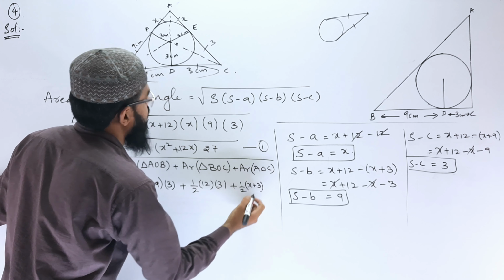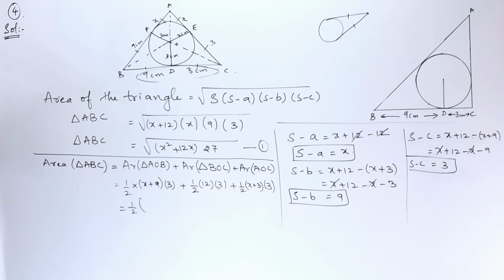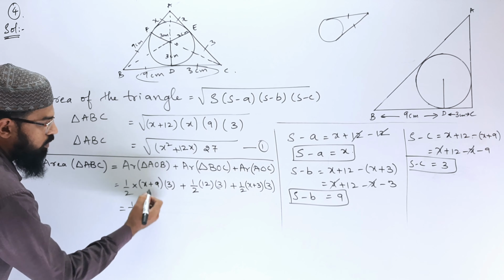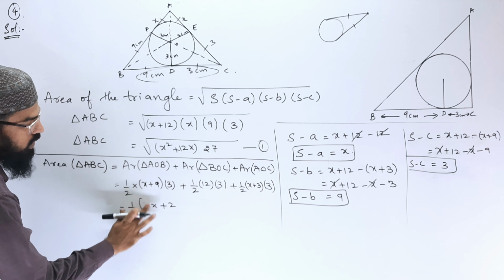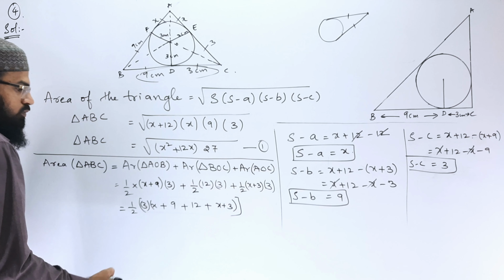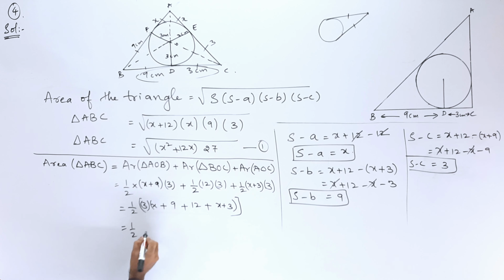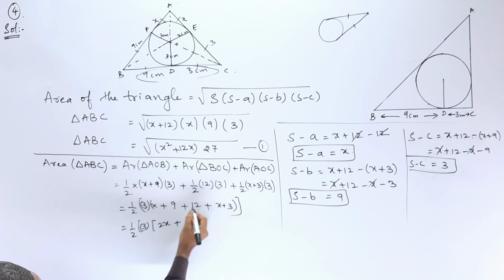We can take out half common, otherwise we can take out 3 also. So 3 common: x plus 9 plus 12 plus x plus 3. Half of, how many x are there? 2x. 9 plus 3 is 12, 12 plus 12 is 24.